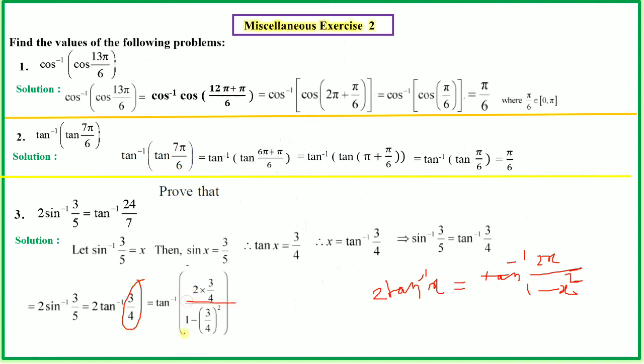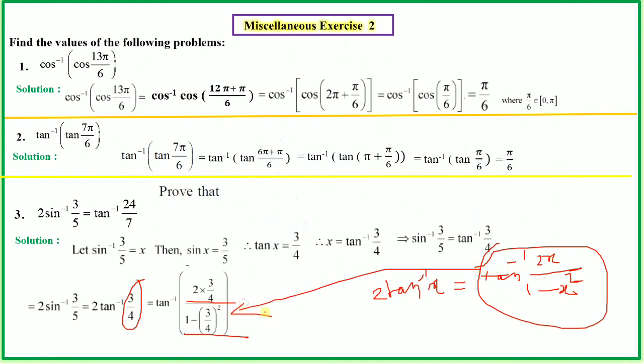So 2x upon 1 minus x square, this we will be using here, this formula here. So this is nothing but 2 upon this 4, 4 just 16.